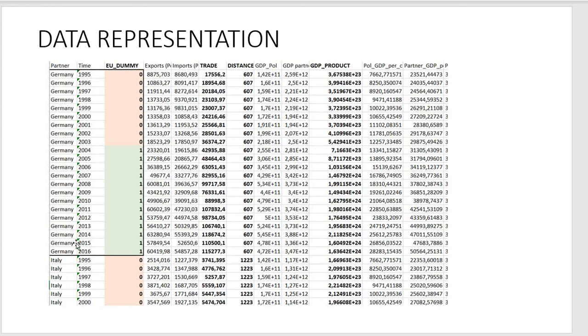Here all the time I analyze the trade between Poland and other countries. So even though Germany was a European Union member state, Poland was not. That's why this variable takes the value of 0. In 2004, Poland joined the European Union. So now, since 2004, both countries are European Union member states. So now this variable takes the value of 1.